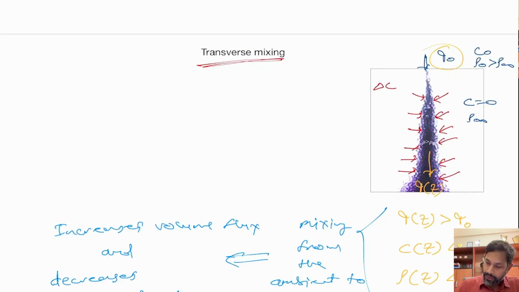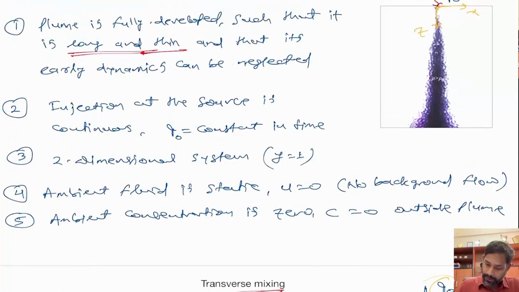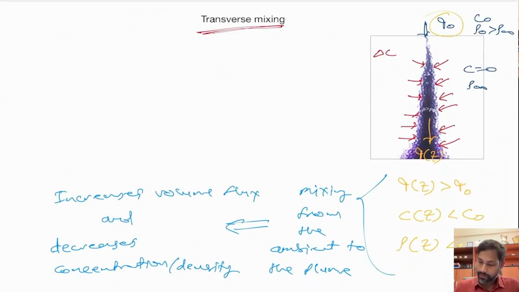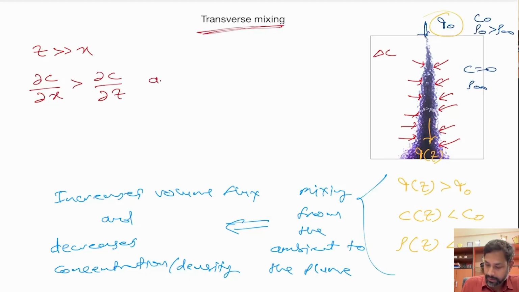Because as we considered here, the plume is long and thin, right? That means your vertical length scale, your z, is much greater than x, right? If z is much greater than x, then your dc by dx will be greater than dc by dz, and du by dx will be greater than du by dz.